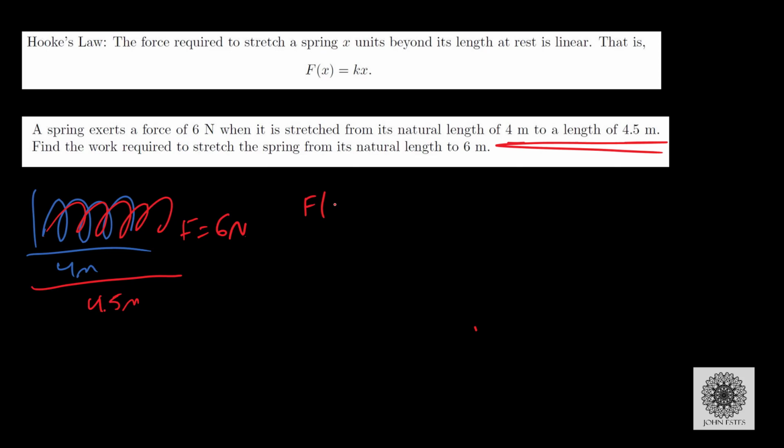So I want to plug in 0.5, right? Because it says here in Hooke's law, beyond its length at rest. So that's 0.5 meters beyond the length at rest. I get a force of 6. And I know that's the same thing as k times 0.5 by Hooke's law. So there we have that k is actually 12.